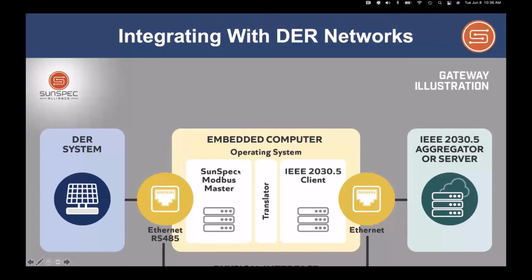Over on the SunSpec side, on the Modbus side, Modbus up until 2019 had no provision for over-the-wire security. Now you can utilize SunSpec Modbus with transport level security to talk within the grid system. Now in very small systems, these Modbus connections may in fact be buried inside of sheet metal, or they may be very short, or in fact the system may be installed in a house or a building.